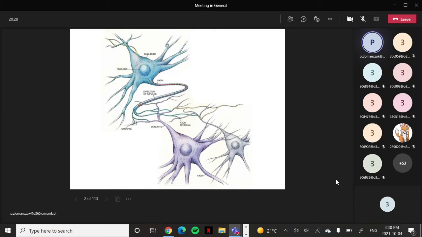So when we are talking about encoding the information and certain requirements associated with the spreading of the information, the most distinctive feature of the axon is that it may send the information over very long distances.